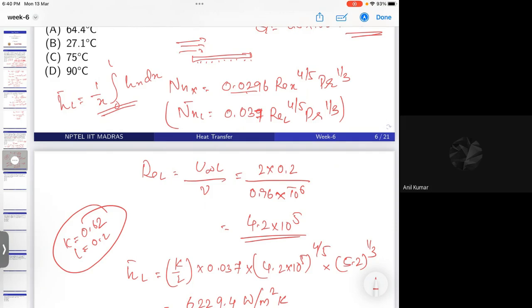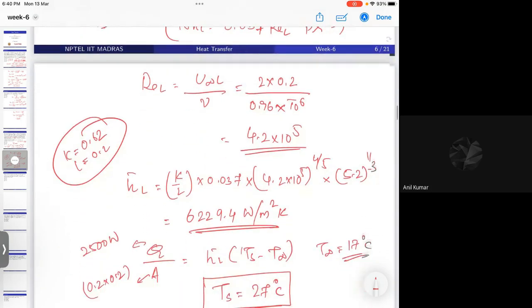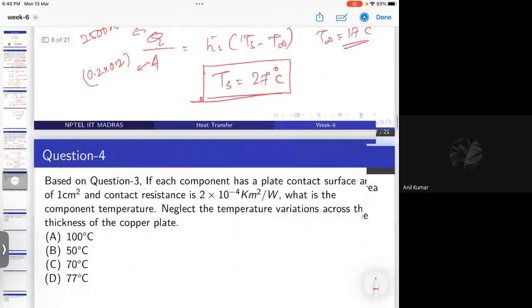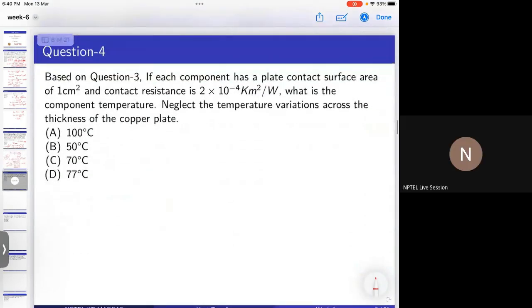We already did this type of question in the previous classes, how to calculate the average heat transfer coefficient.